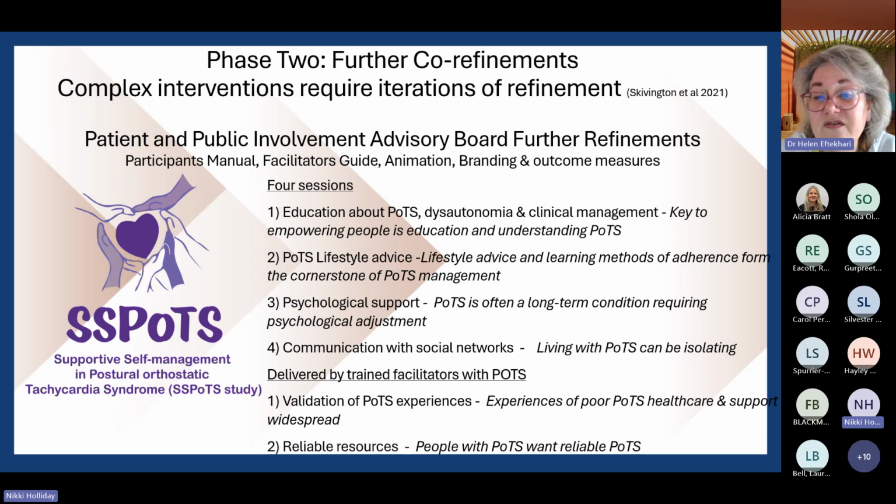And so by having facilitators re-emphasize that everyone's experiences are different, but that's okay, and your experiences are valid, was really important. And having reliable resources was one of the priority components, and that was woven into the intervention itself, and the types of videos that we used.